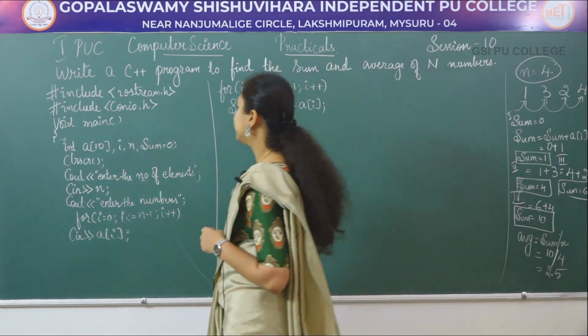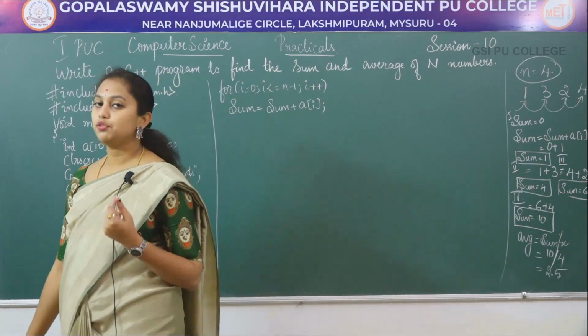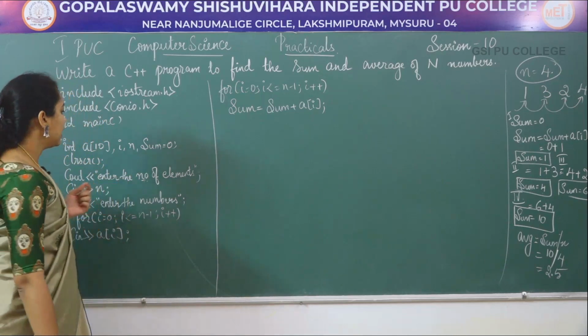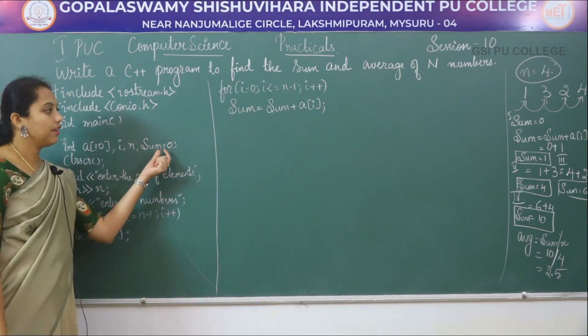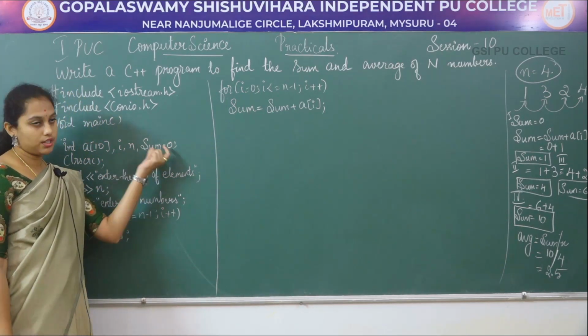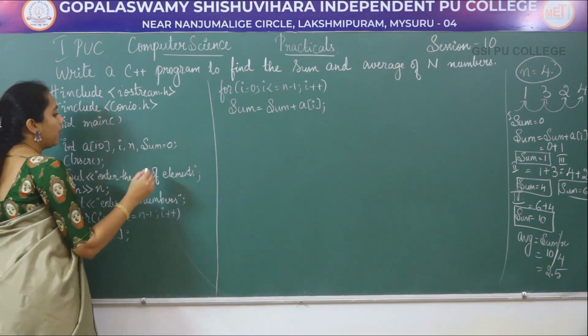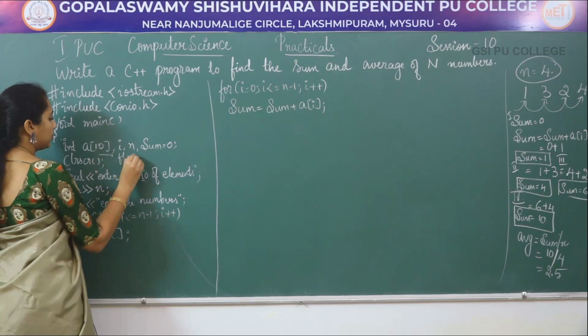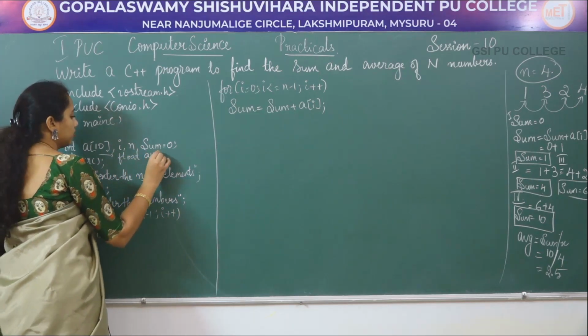So after finding the sum of n numbers, we have to find the average of n numbers. See here, we have not declared a variable called average. So declare the required variable, that is float average.